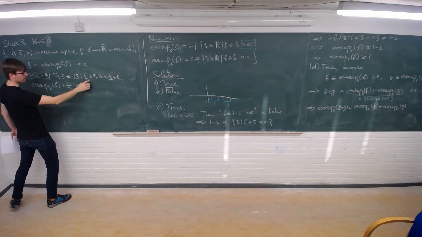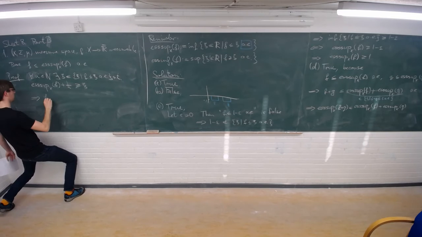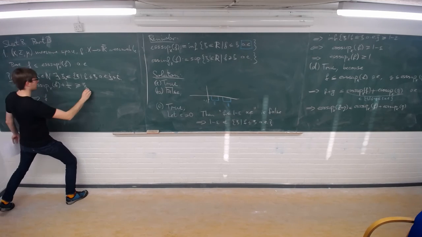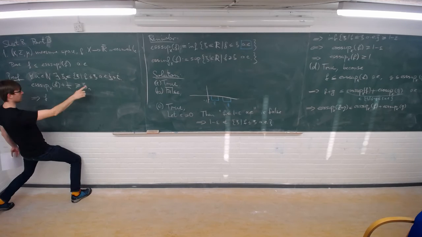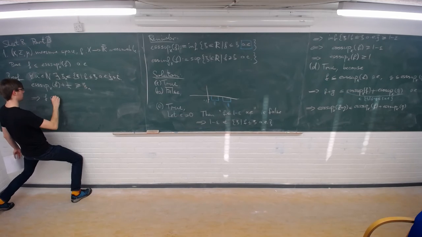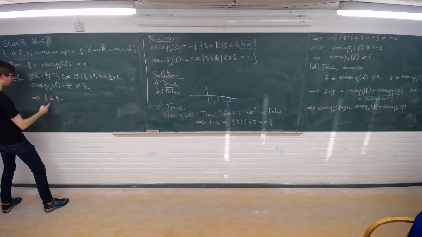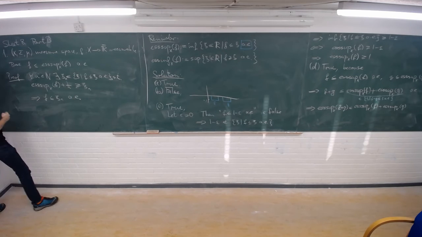Because xi is in this set, let's call this xi n, right? Because it depends on n. For every n, there's a xi n. f is less than this xi n almost everywhere, because xi n comes from this set.